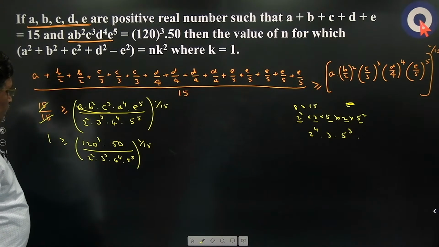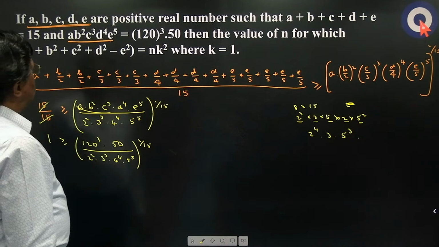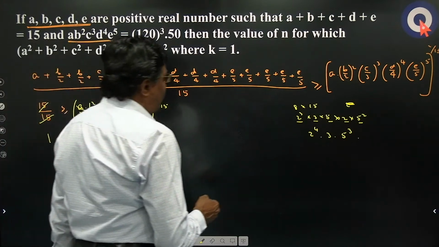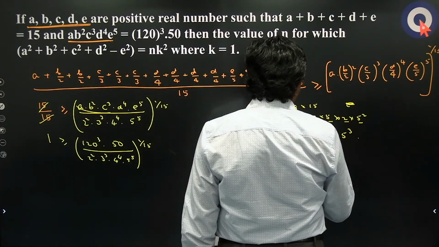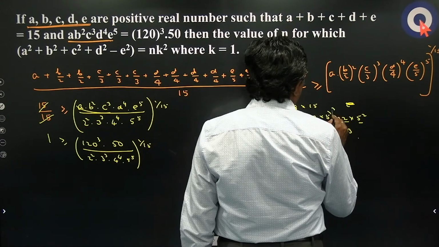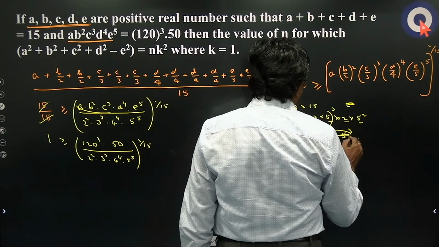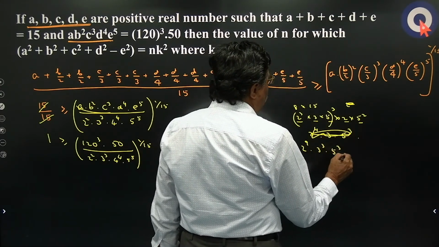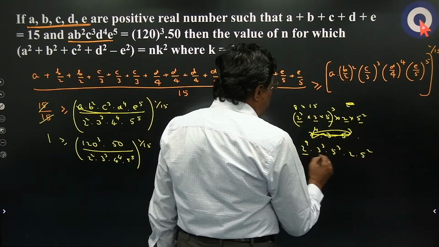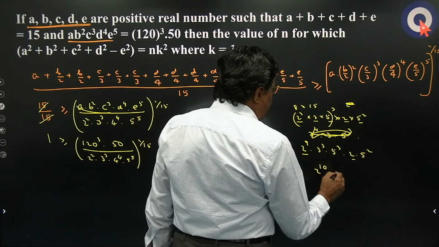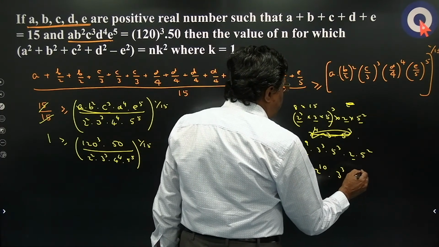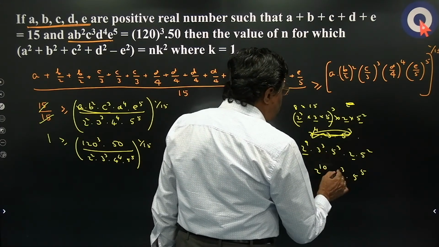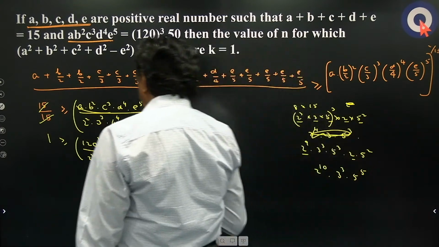I must be making some simplification error. I have 120 cube, so it is a whole cube here. That means I have here 2 power 9, 3 cube, 5 cube, and 2, 5 square. So this becomes 2 power 10, 3 power 3, 5 power 5. Hope I am doing it right.